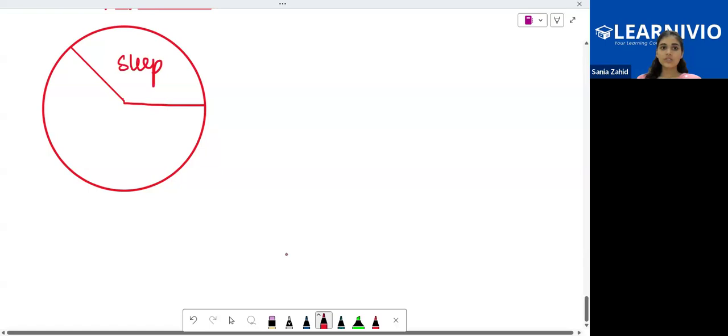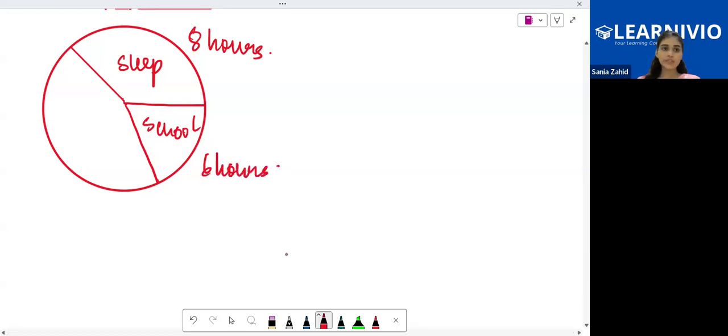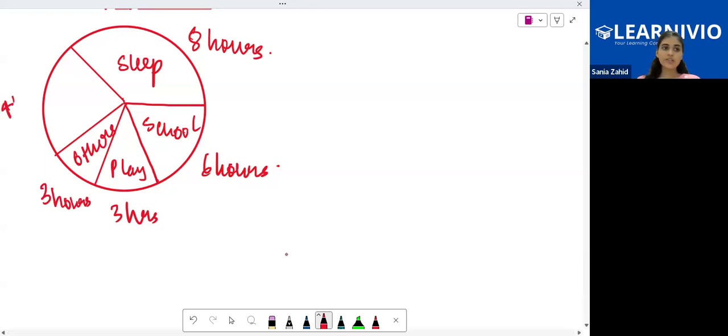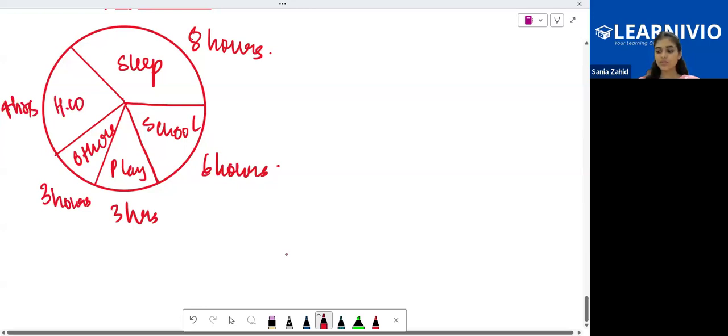It says that you sleep for 8 hours, you go to school for 6 hours, then you play for 3 hours, then you do other activities like having food, going to the washroom, talking to anybody. So that is 3 hours again. And the remaining 4 hours, you do your homework or you study.